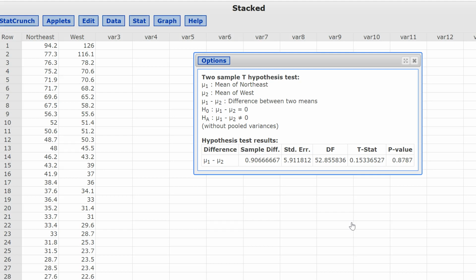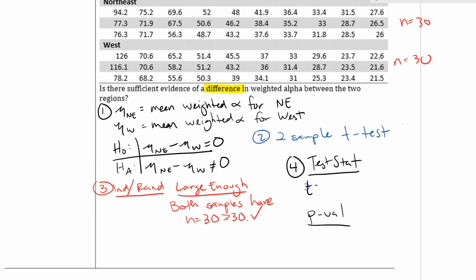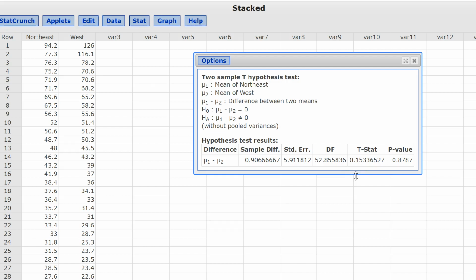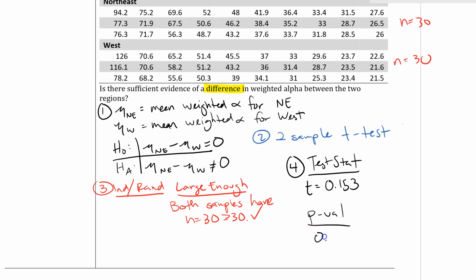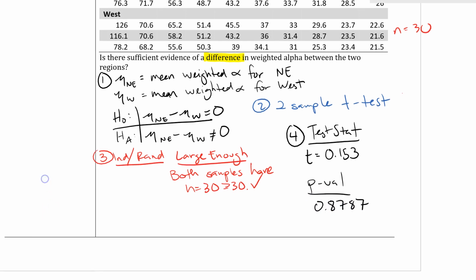Our test statistic is 0.153, and it's a t test statistic. Does not sound very big. And our p-value was 0.8787. So that's a very high p-value.